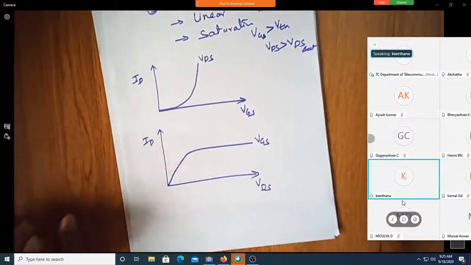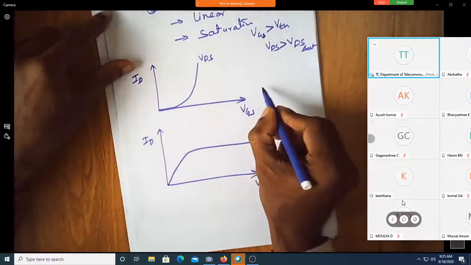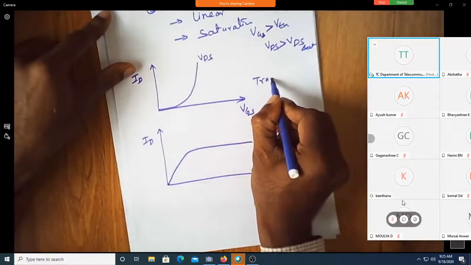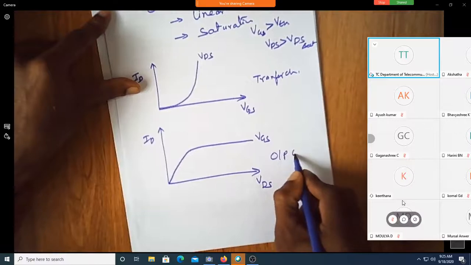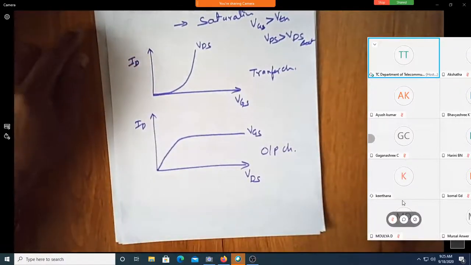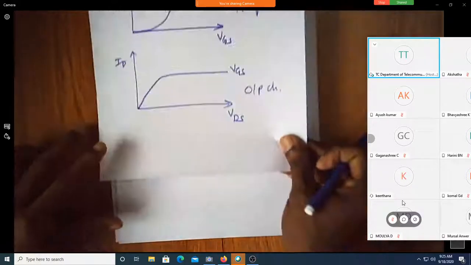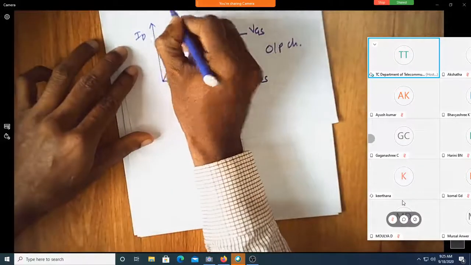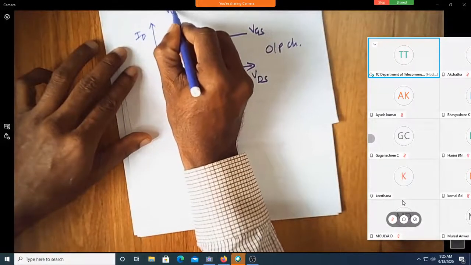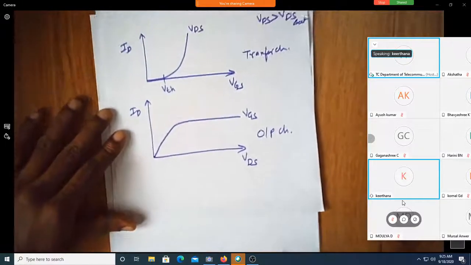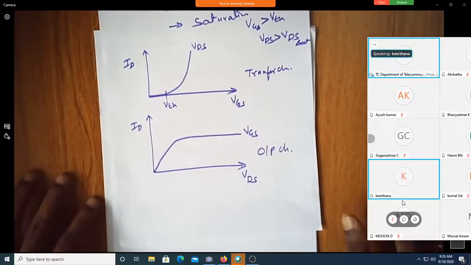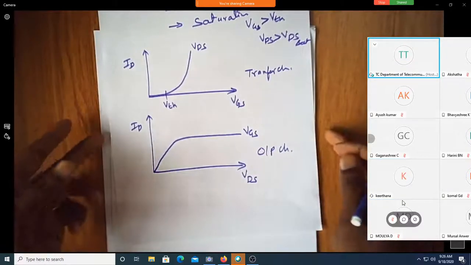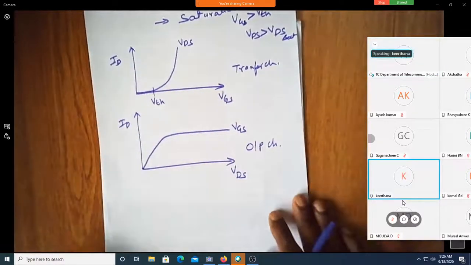This is the transfer characteristics, this is the output characteristics. Of course, this is the MOSFET we have. So what is this? Shall I call it VTH? Correct? So far so good.